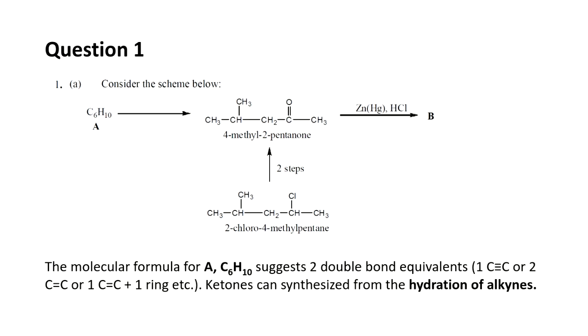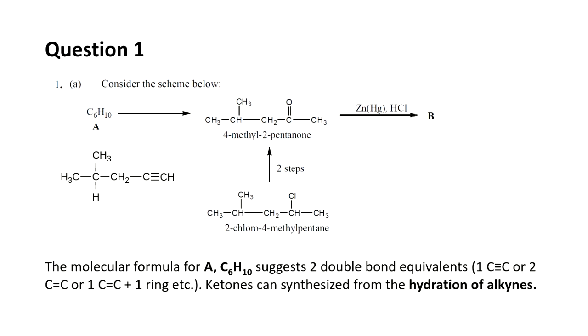So for the structure of the alkyne, given the ketone that we are forming, where in the chain would we find the triple bond? If we're trying to make 4-methyl-2-pentanone, where would we find the triple bond? Between which carbons? At the end? Okay. So yes, you have a terminal alkyne, correct, between carbons 1 and 2.